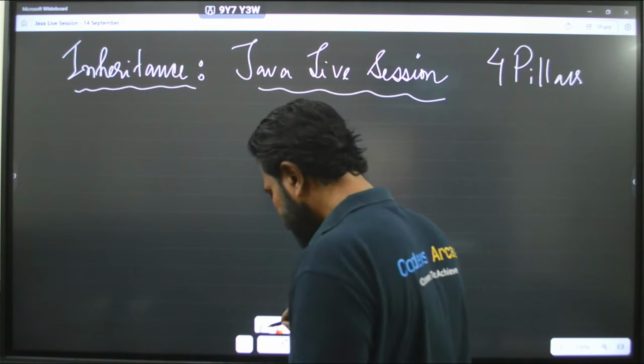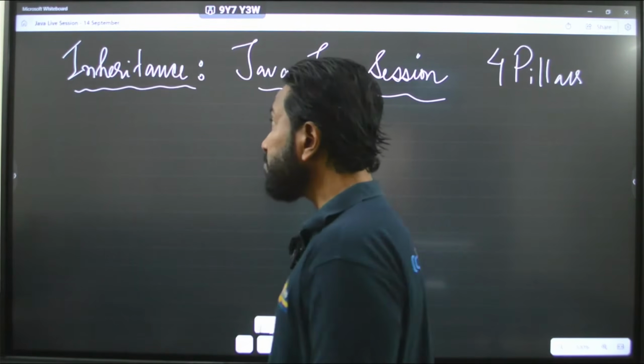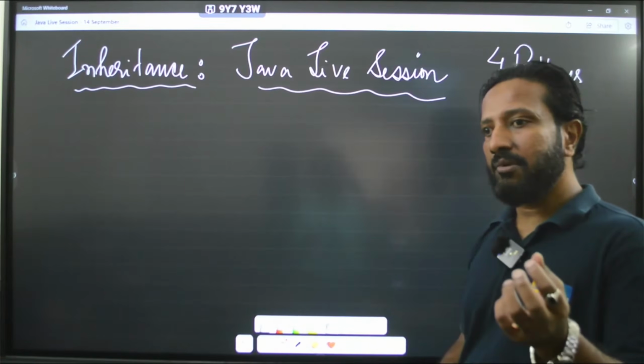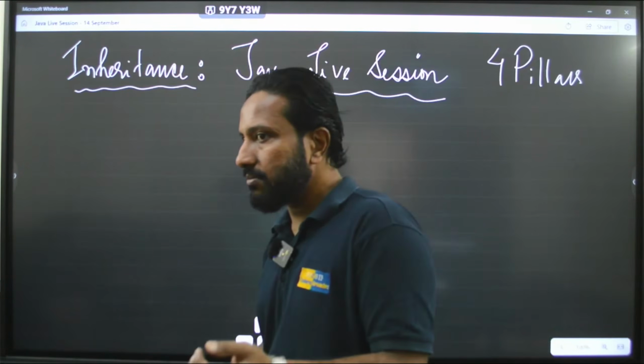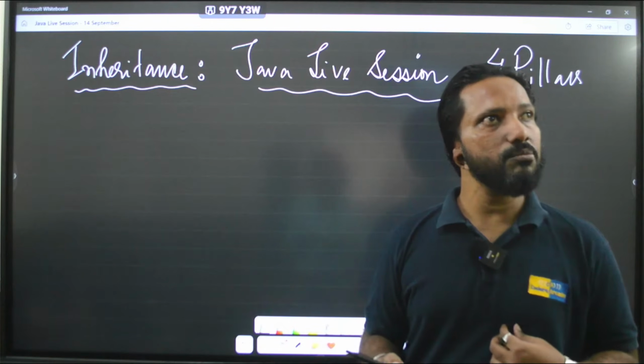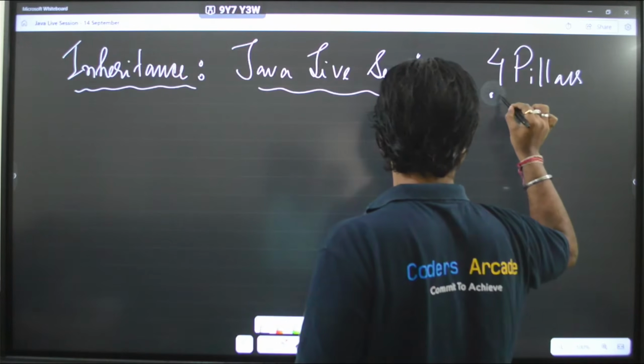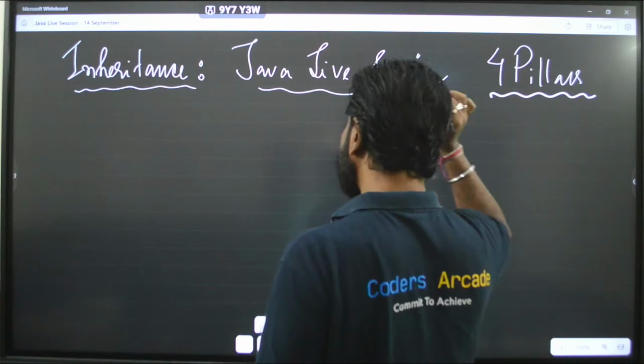Guys, I hope everything is fine and I am audible. Let's do one thing. We were talking about the 4 pillars of object-oriented programming in Java, right?